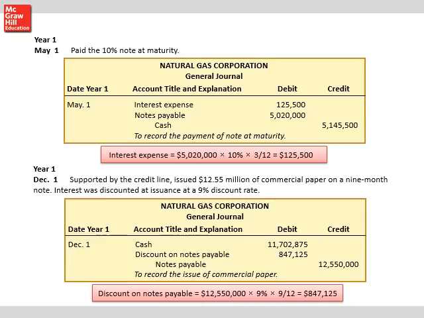So what we're going to pay at maturity on a discounted note is the full face value. It won't be face plus interest. Interest is taken off up front. Now what that actually does is it actually increases that interest rate a little bit because you're not getting to use the full $12,550,000. You're only getting to use $11,702,875. So that's how we do this type of an entry.